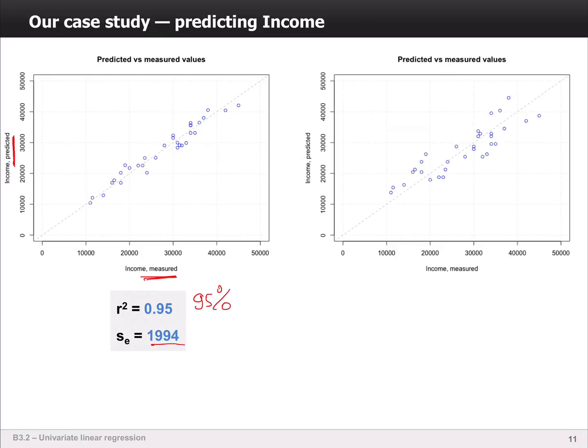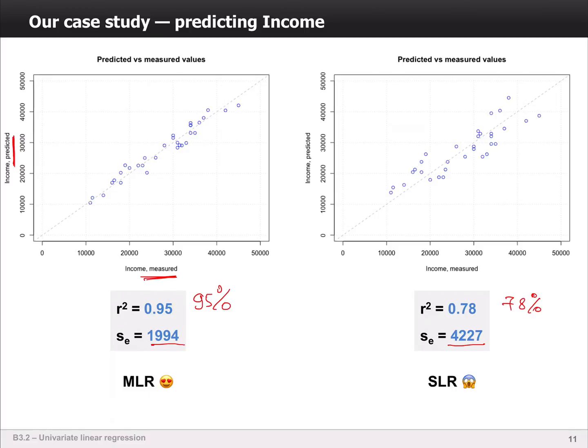And just to compare, that's the previous case, the predicted versus measured values for the simple linear regression, and these are the statistics. So you can see that indeed the error is more than 2 times smaller, and the variance we can now explain is quite a lot. Still 78% is explained by age, but if you take them together, 17% is explained by the region, and together they explain 95%.